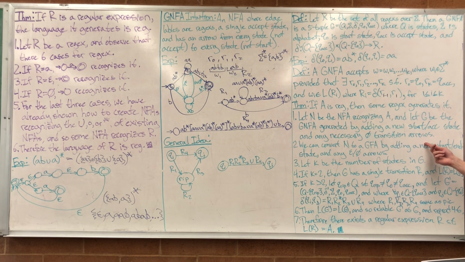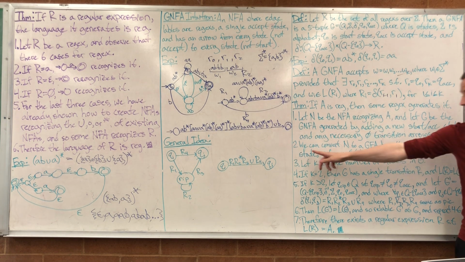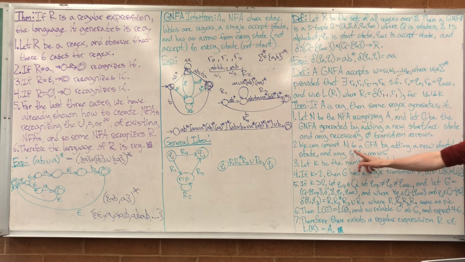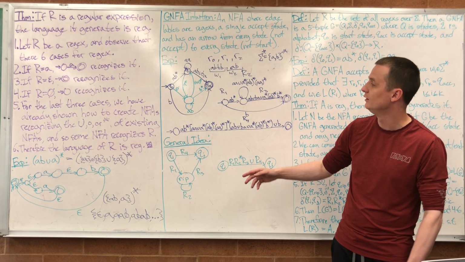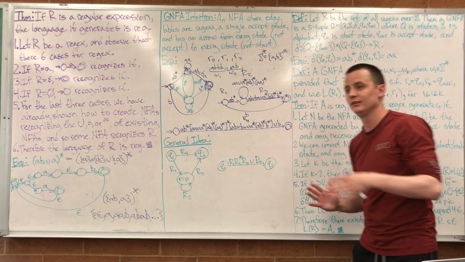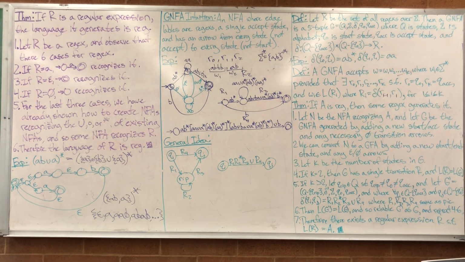We can also add empty string arrows. Empty string was like when we added a new accept state, we had to epsilon over here. Okay, so we can go from an NFA to a GNFA.